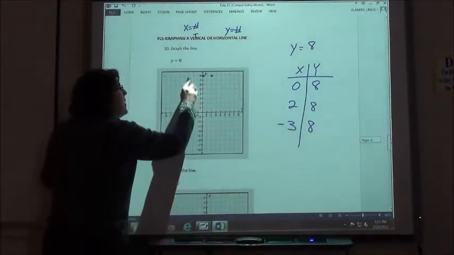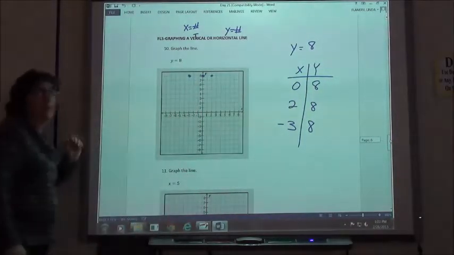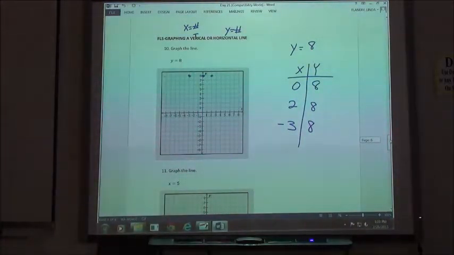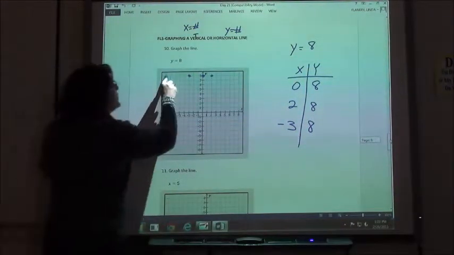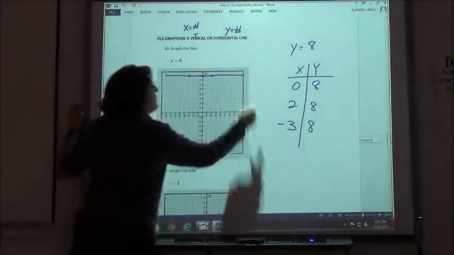Negative 3 up 8 would be right there. Anything that has a y value equal to 8 is going to be horizontal from the y-axis at 8. So my line goes this way straight across my graph.